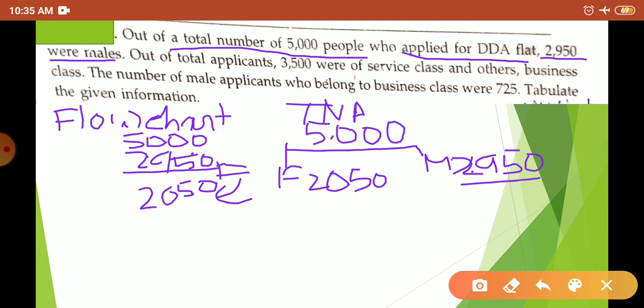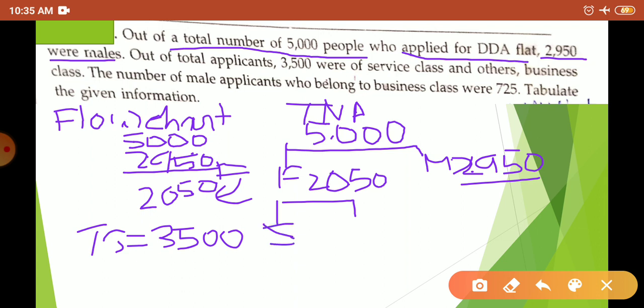Now here it is given, in total applicants, 3,500 are of service class. The total service class is equal to 3,500. And the others are business class. So there are two divisions, service class and business class.